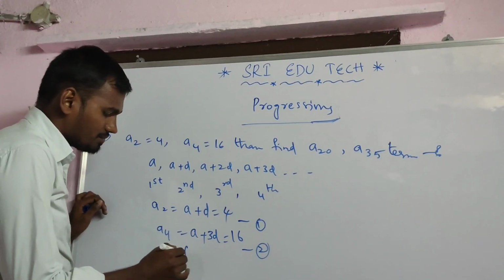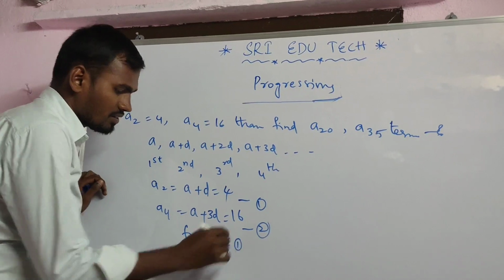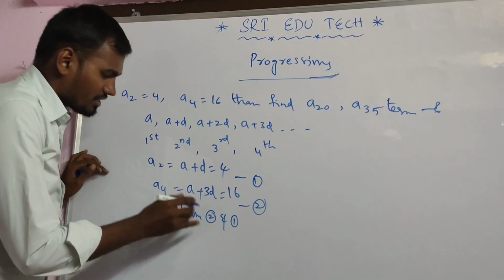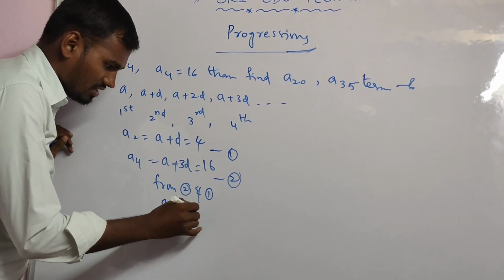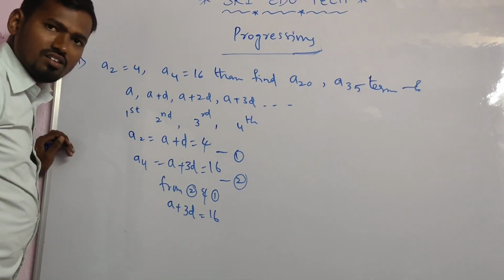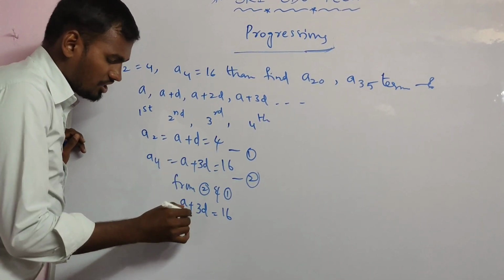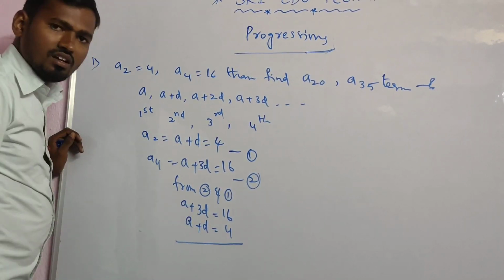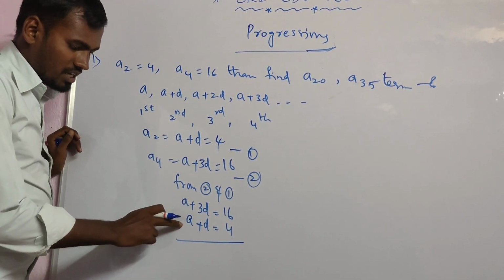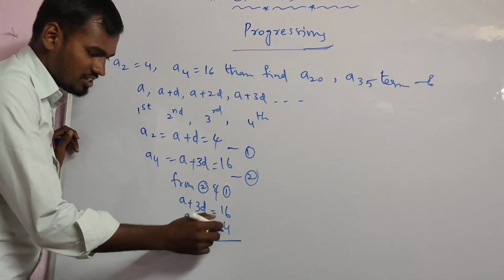Right, from 2 and 1. Okay? Right. What is 2? This only: A plus 3D is equal to 16. And what is first only? A plus D is equal to 4. Right, solving here, you know already here plus means you keep minus, here plus means you keep minus, plus means minus.